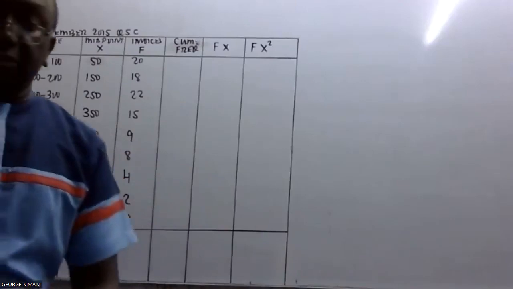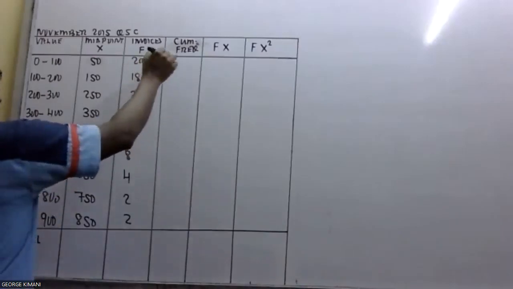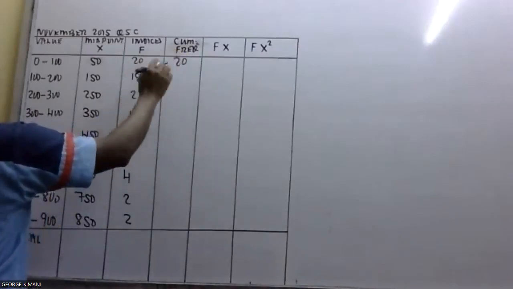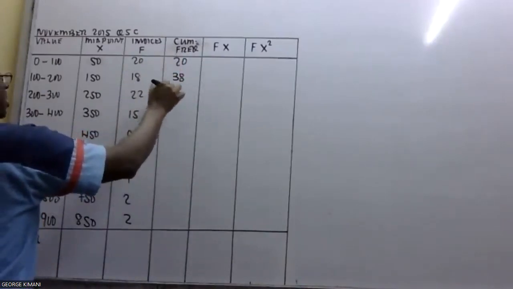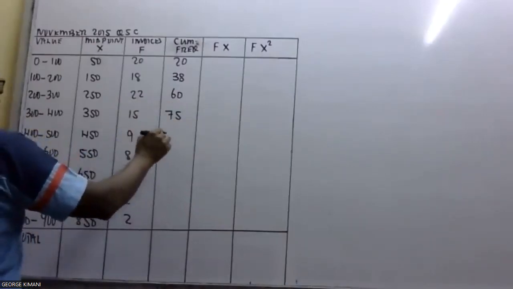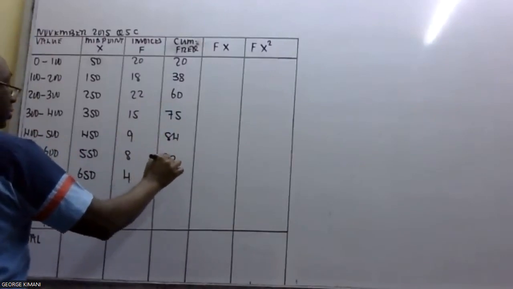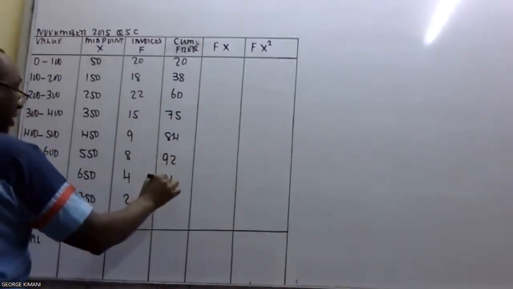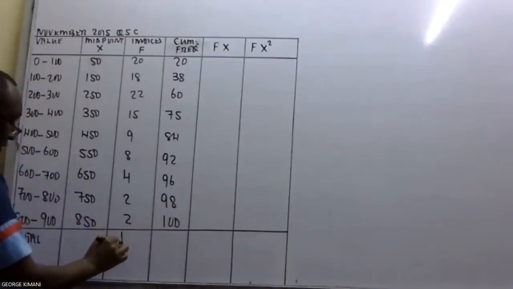So first of all, we can do that as accumulate. So this is 20, 20 plus 18 is 38, plus 22 is 60, plus 15 is 75, plus 9 is 84, plus 8 is 92, plus 4 is 96, 98, and 100. So the total here is 100.